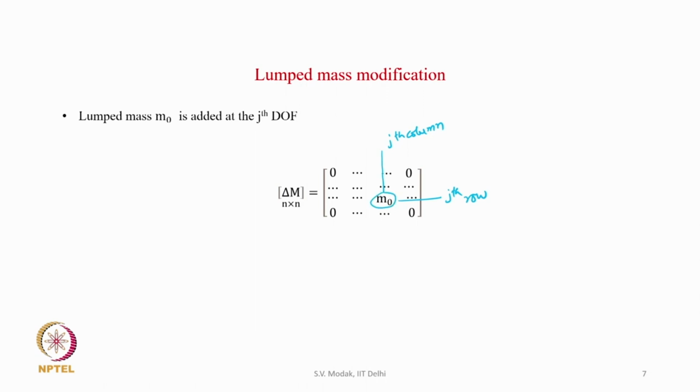So, that is delta m. Now, for delta k, practically the addition of a lump mass will have a negligible effect on the stiffness, and that is why here we can write delta k as a matrix of order n by n that is basically a matrix of all zeros. So, this is how the lump mass modification can be described using these special matrices.